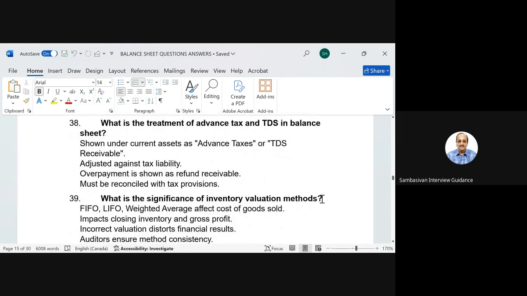What is the treatment of advance tax and TDS in balance sheet? Shown under current asset as advance taxes or TDS receivable. Adjusted against tax liability, overpayment is shown as refund receivable, must be reconciled with tax provisions.